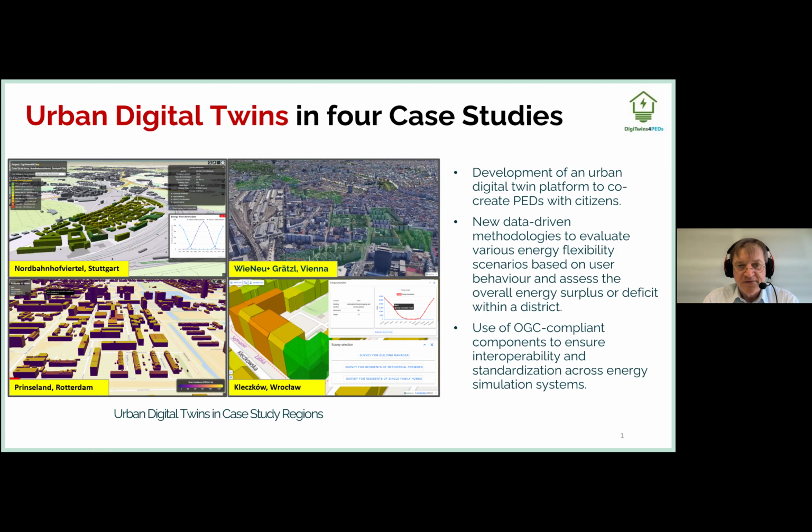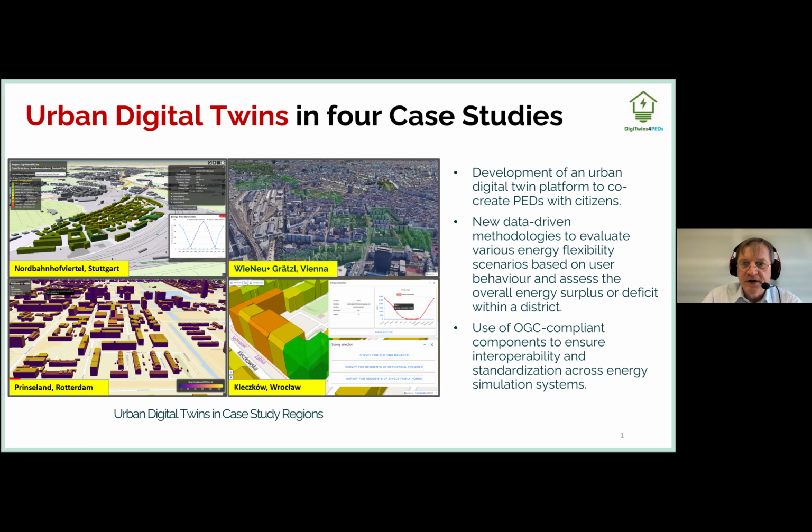In Vienna, we have a new design, Wien Neugrätzel. In Rotterdam, we've chosen an existing district, Prinsenland, and in Wrocław, we have also an existing district that will be renovated. And we mainly use the digital twin as a planning support tool.